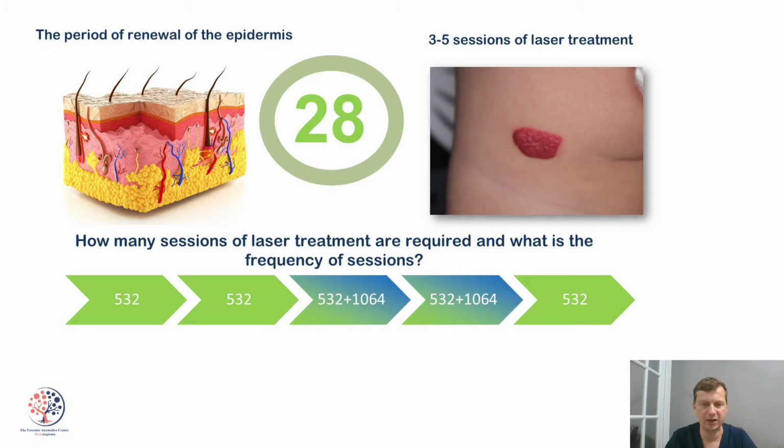Otherwise, the estimated effect might decrease, or the undesirable byproduct is going to be formed. Another thing to keep in mind to achieve better results and avoid complications is that one target needs approximately 2 flashes.